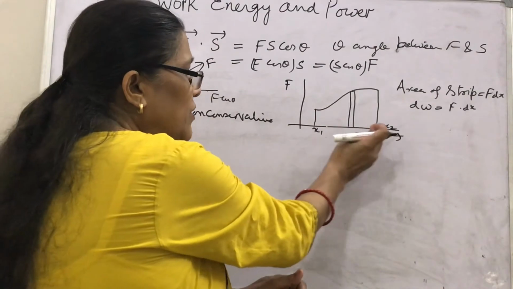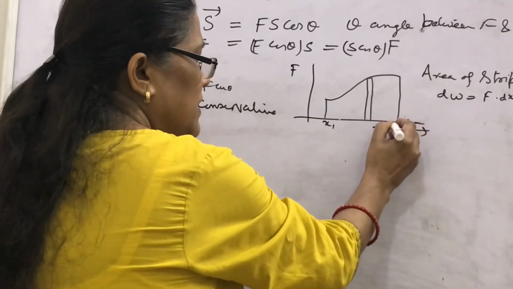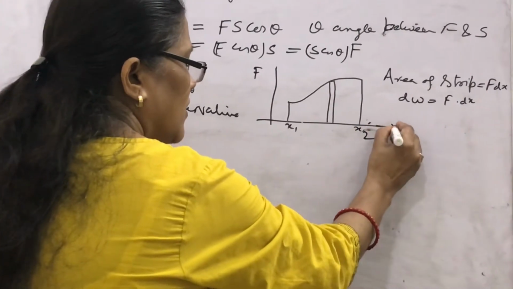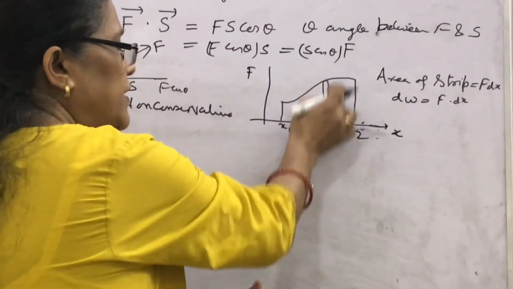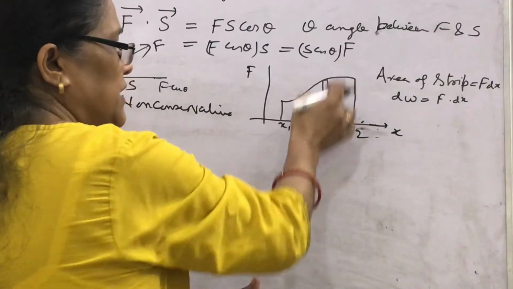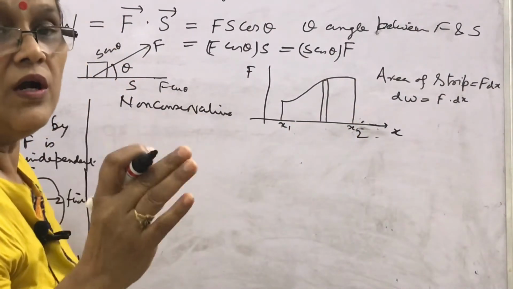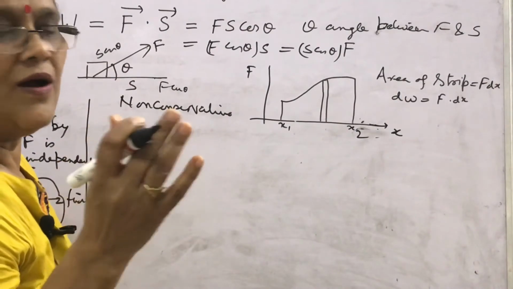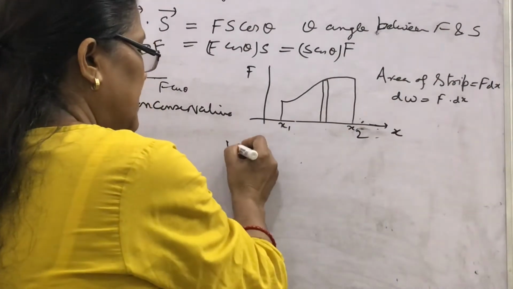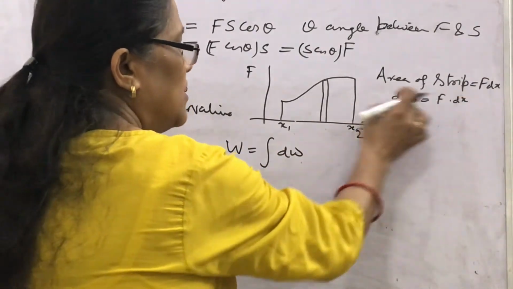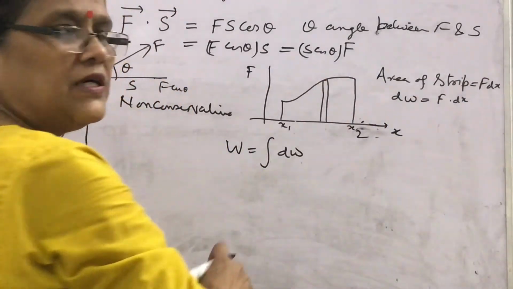If you divide the whole area between x1 and x2 and add the areas of all the strips, you will find the total work done. This process is called integration. How do you write the net work done? Net work done is the integration of all the smaller work done, that is, the area of each and every strip.